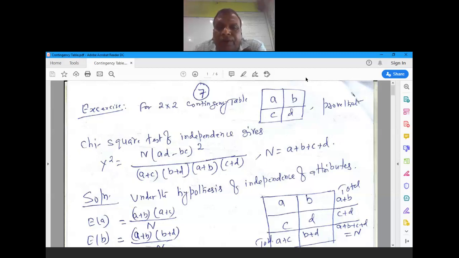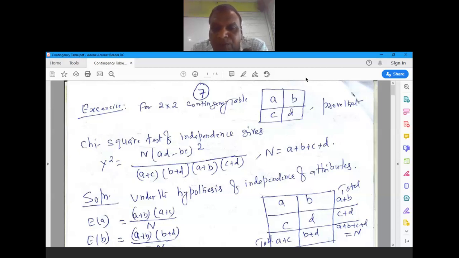Prove that the chi-square test of independence gives chi-square is equal to N (ad minus bc) whole square, divided by (a plus c) into (b plus d) into (a plus b) into (c plus d), where a plus b plus c plus d is equal to capital N, that is the total number of frequencies.